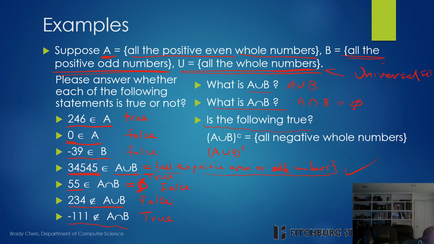That means it should be all the whole numbers that are not a positive even number, not a positive odd number. So it should be all the negative whole numbers. Is that true?